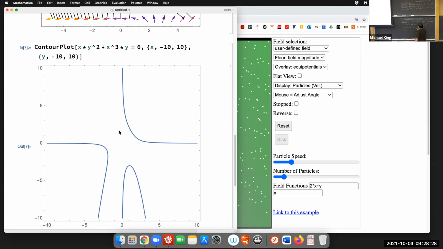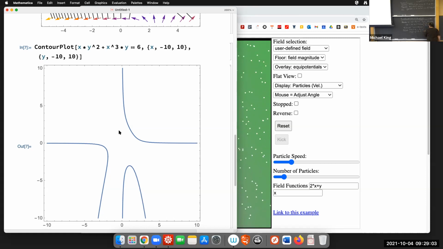well, let's reinterpret this as a level curve of a function of two variables. Think of this equation as the level curve of f of x comma y equals xy squared plus x cubed y at level 6.